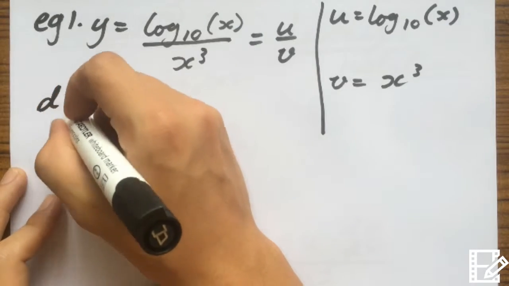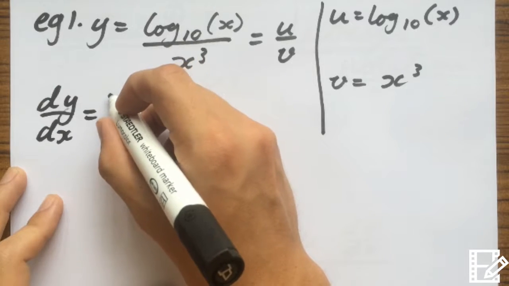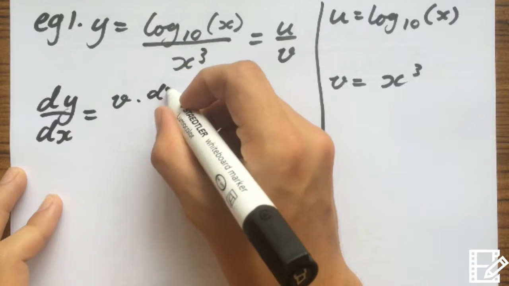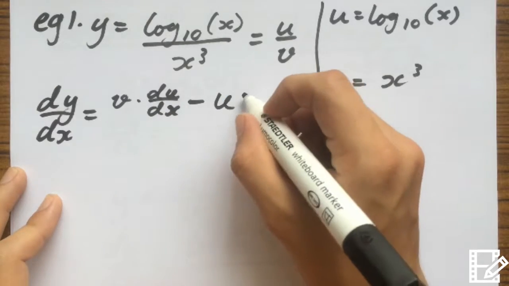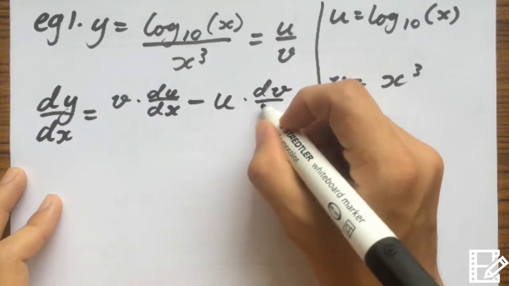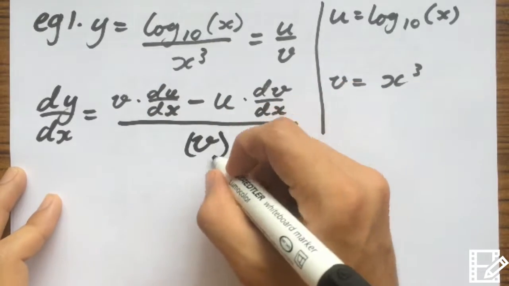If we write out the formula for the derivative following the quotient rule, we get v multiplied by the derivative of u, minus u multiplied by the derivative of v, all over v squared.